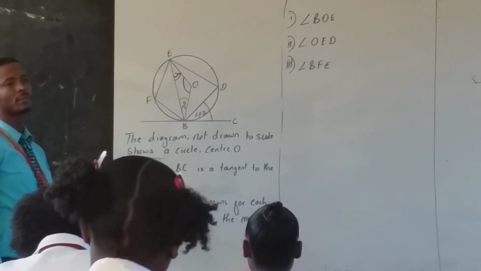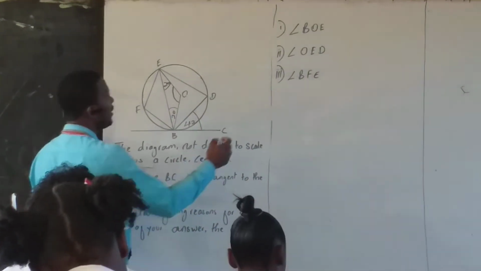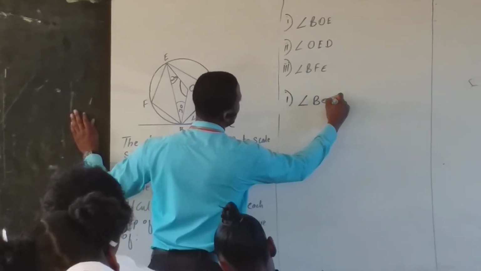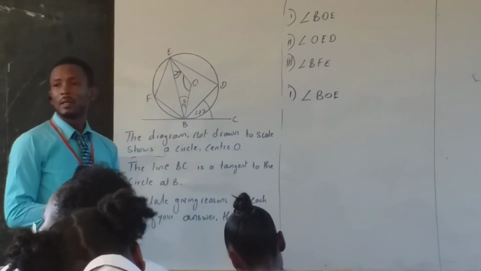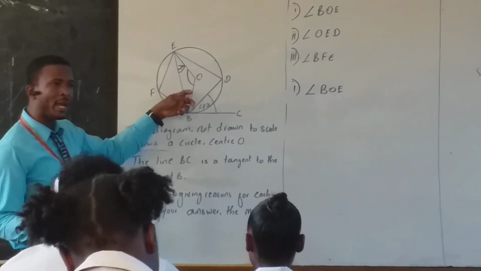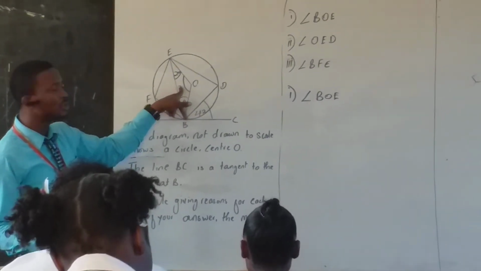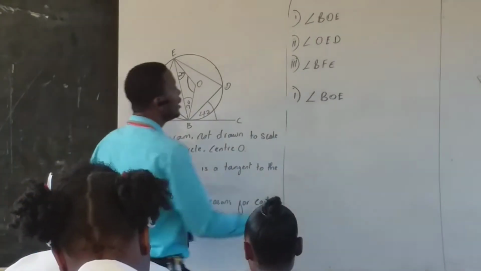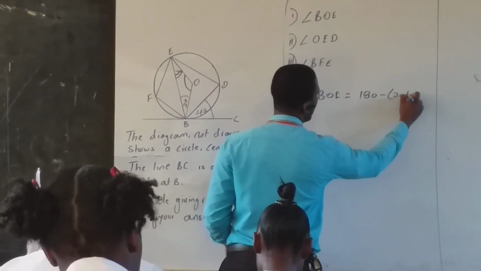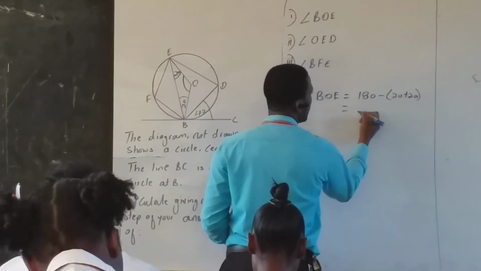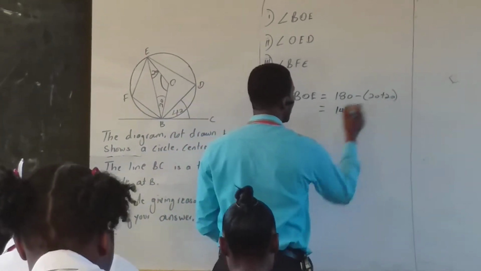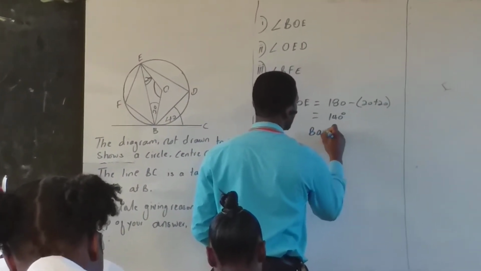Add up the two angles in the triangle we know and subtract from 180. So this is going to be 180 minus 20 plus 20, which is 140 degrees.